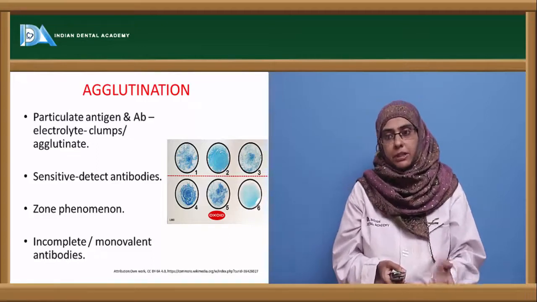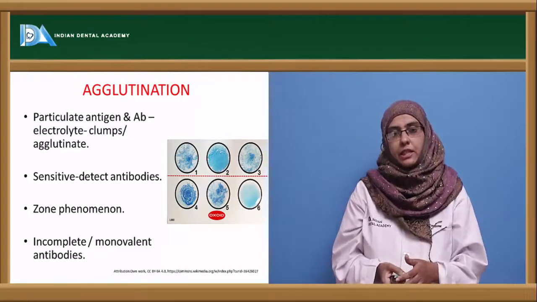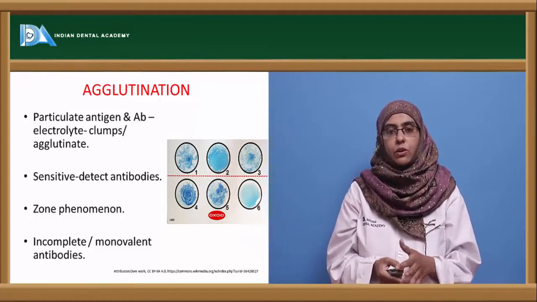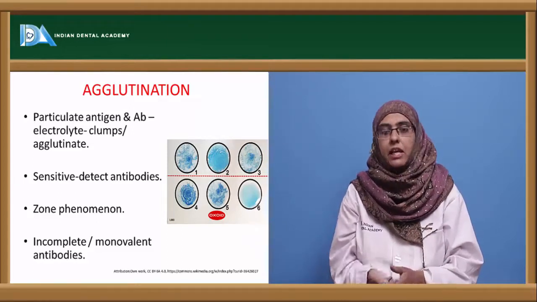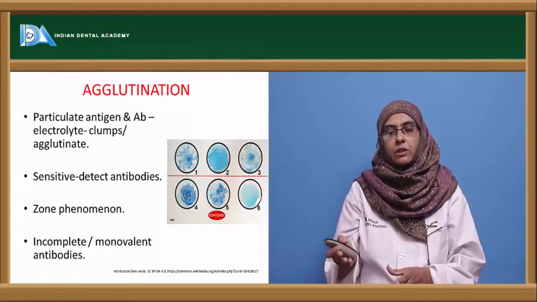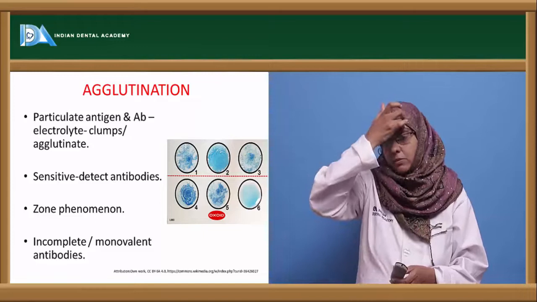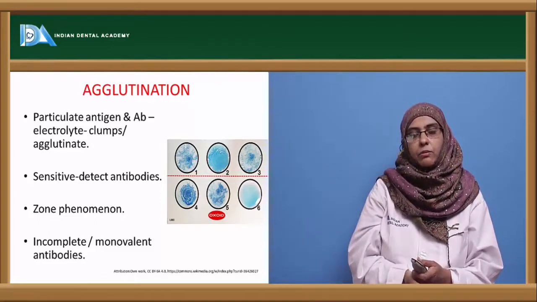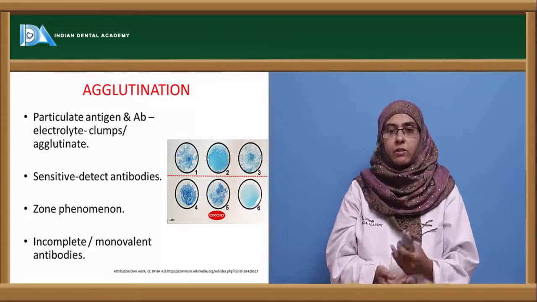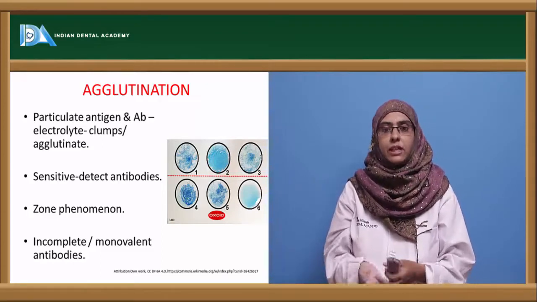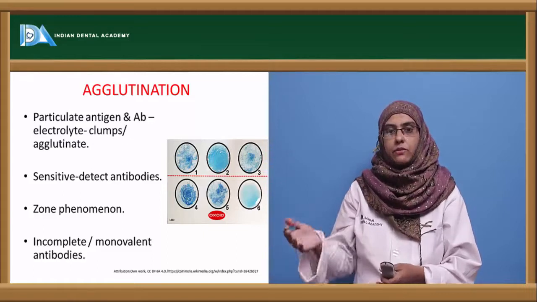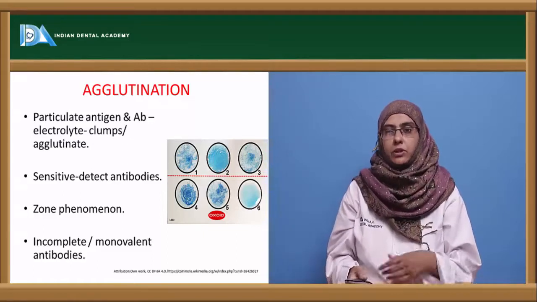this agglutination reaction is more sensitive when compared to the precipitation reaction. It helps in detecting even antibodies, whereas the precipitation reaction helps us know about the antigens present. In agglutination, because particulate antigens are mostly used, it also helps us detect the antibody. The same zone phenomenon holds good for agglutination, which states that equivalent proportions of antigen and antibody react to give a visible clump, or agglutinate, as a positive result.